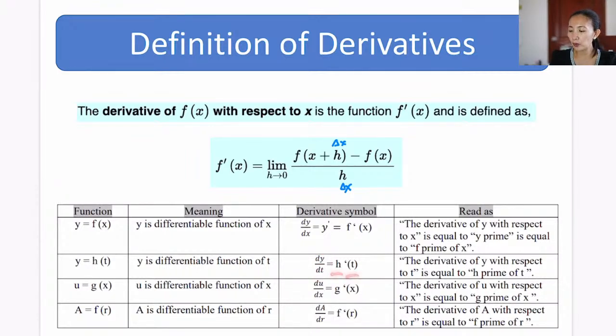If we have u equal to g of x, u is a differentiable function of x, then du over dx, or the derivative of u with respect to x, or g prime of x. If we have a equal to f of r, where a is a differentiable function of r, then the derivative of a with respect to r is equal to f prime of r. So these are the different notations, or symbols rather, for derivative.